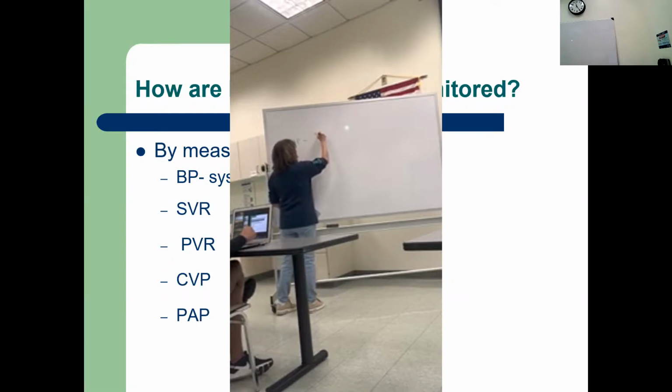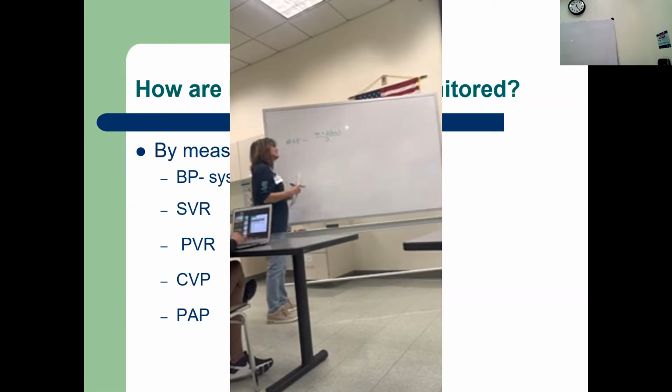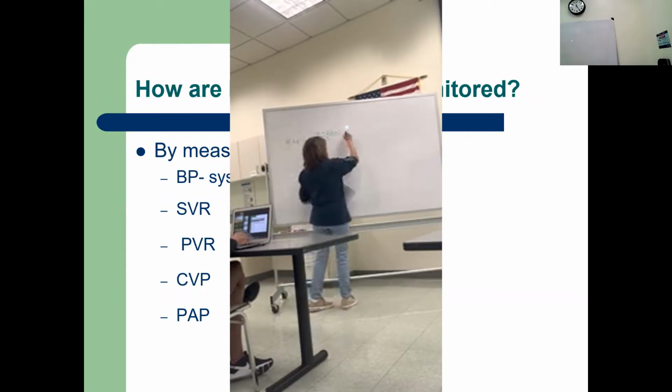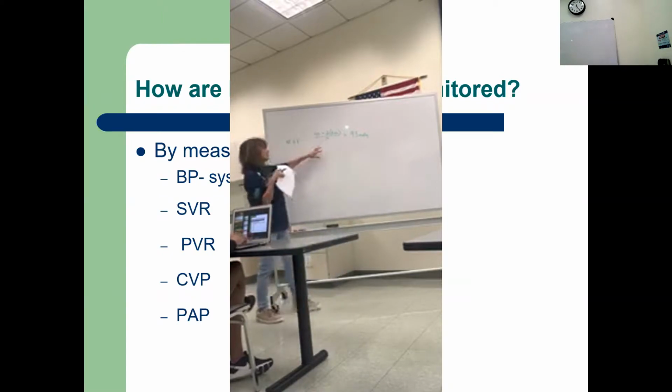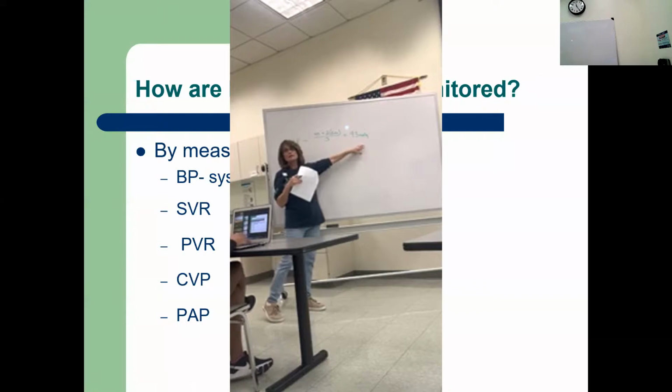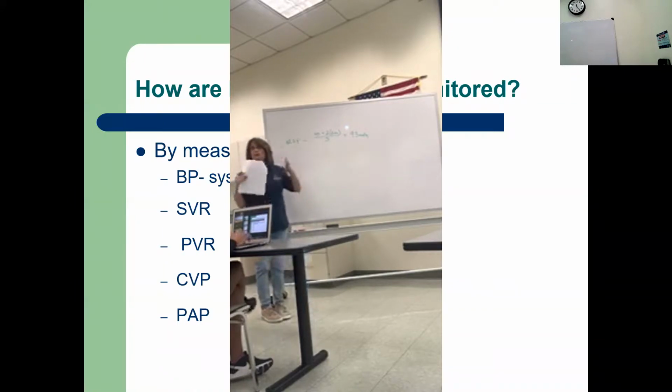Systolic plus 2 times diastolic and divide by 3. So if you put in a patient's blood pressure into these numbers, you should come up with 93.3. Very good. And when we're measuring pressures in the blood, it's always millimeters of mercury. When we're measuring pressures in the airway, it's always centimeters of water.